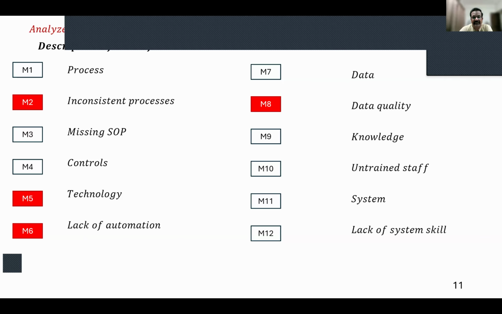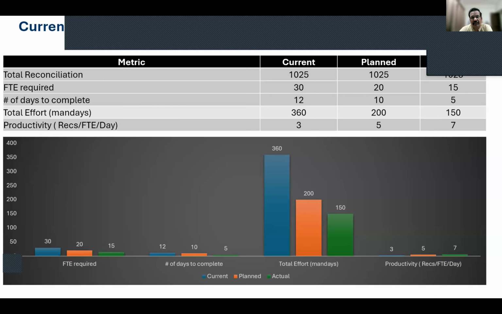So these were addressed, and we could see a complete turnaround from the current situation of 10, 12 working days. We could move up to 5 working days completion, and we could reduce the efforts by nearly more than half. And productivity has increased from 3 reconciliations per day per FTE to 7 reconciliations per day per FTE.